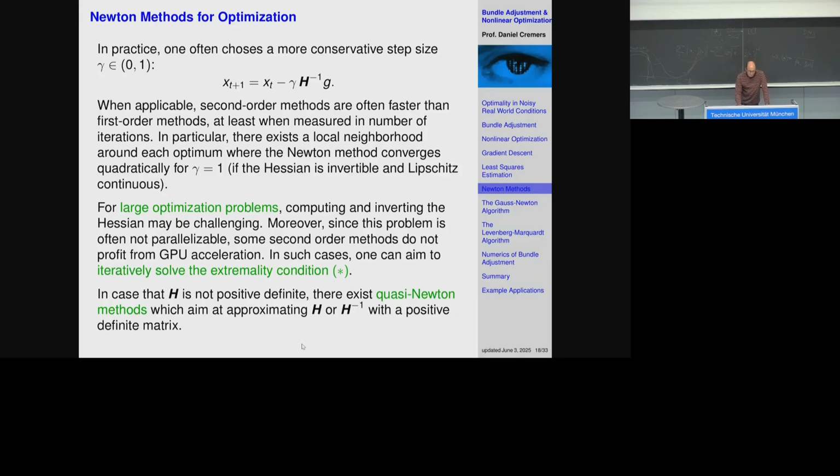Typically, you can choose a more conservative step size if you're a little bit hesitant whether the inverse Hessian is a good estimate for the step size. You can add a gamma between 0 and 1 to have a little bit more conservative update steps.